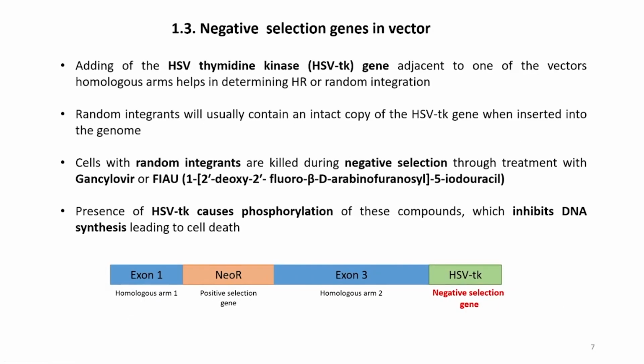Adding the HSV thymidine kinase gene adjacent to one of the vector homologous arms helps in determining homologous recombination or random integration. This is the role of the negative selection genes in the vector. The random integrants will usually contain an intact copy of the HSV-TK gene when inserted into the genome.